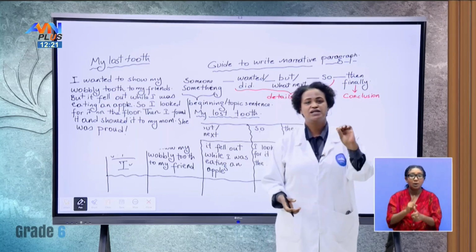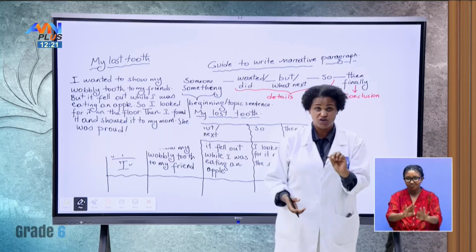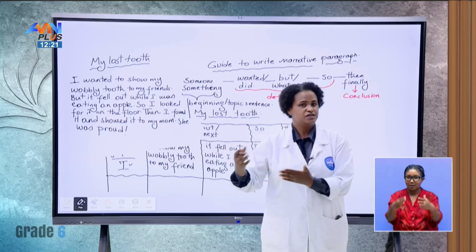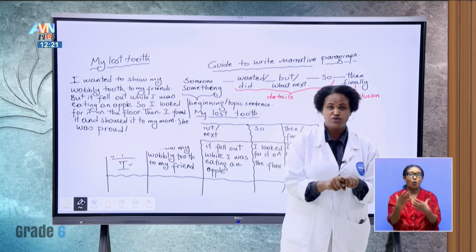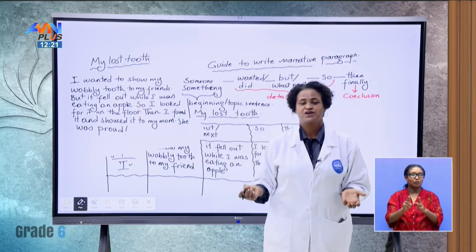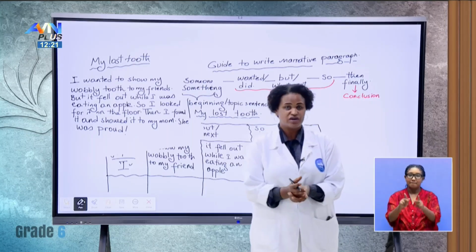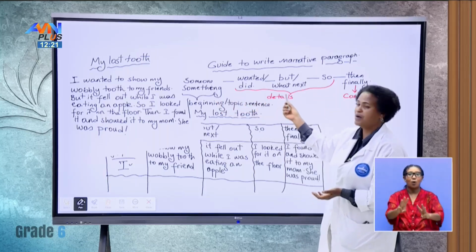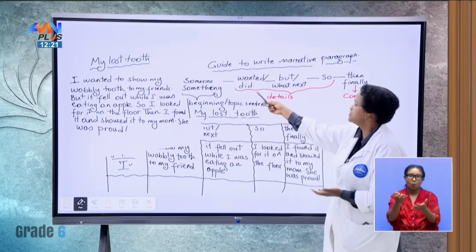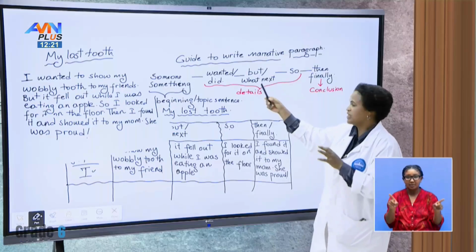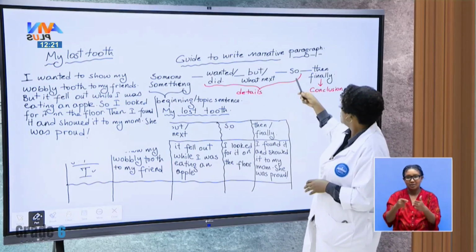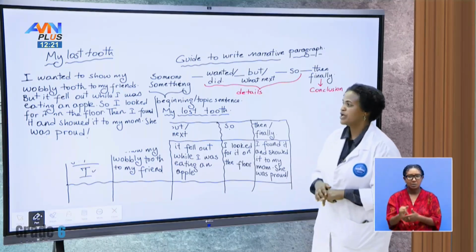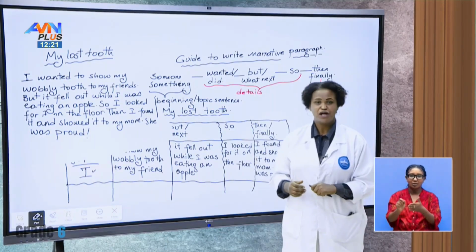These are the topic sentence, or in the case of a story, a beginning, then the details of what happened, and then the conclusion or end of story. Someone or something wanted or did or happened, but then what happened or what next, so, and finally or then. This is a simple way of practicing to write a narrative paragraph.